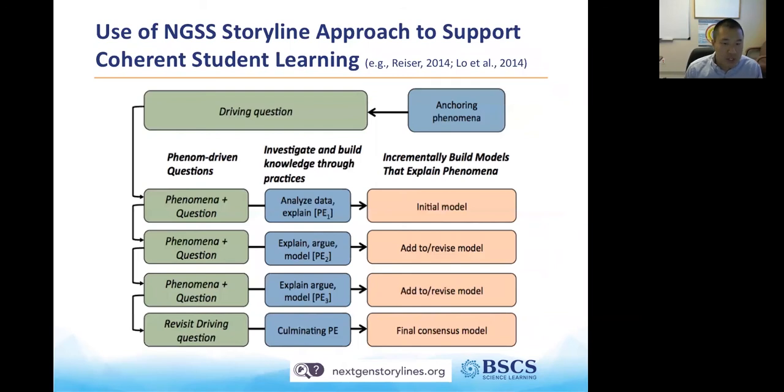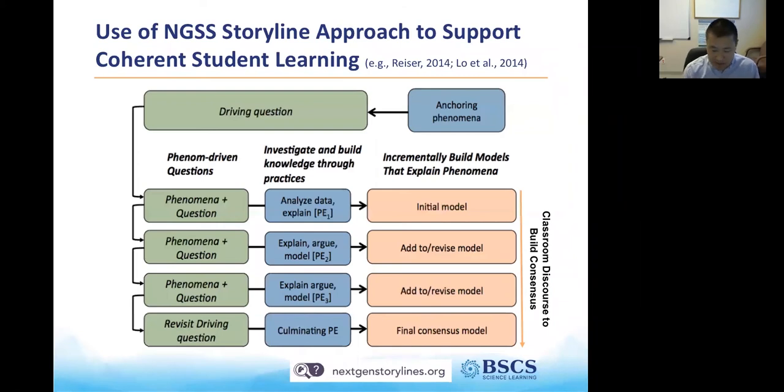Students then have the opportunity to pose their initial ideas and questions about the phenomenon. And then those questions are the ones that actually frame the subsequent investigative activities, so that what kids figure out after answering each question incrementally builds over time and results in a desired model that can then be used to explain the anchor phenomenon.